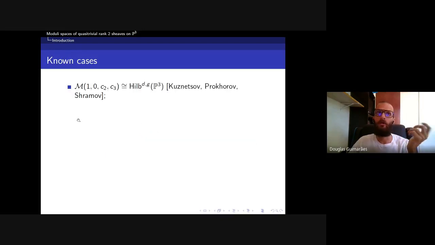For instance, when the rank is 1, we can always twist to ensure that c1 is equal to 0, and then this moduli space becomes the Hilbert scheme of one-dimensional subschemes with degree and genus given by c2 and c3. This Hilbert scheme is known to be always connected, by Hartshorne.